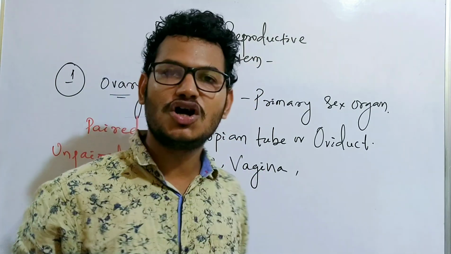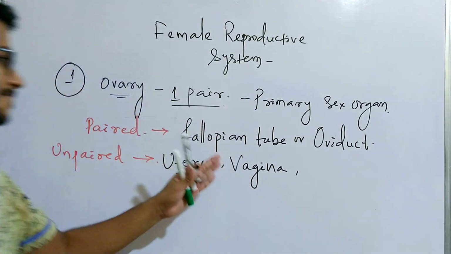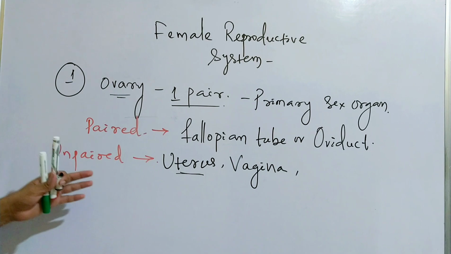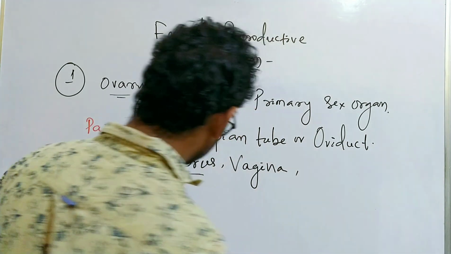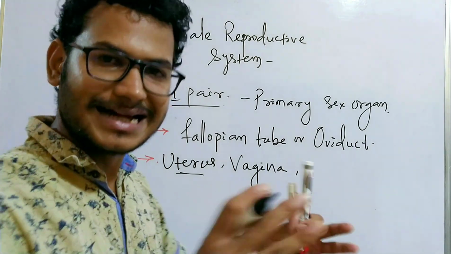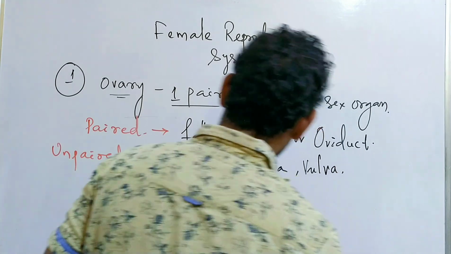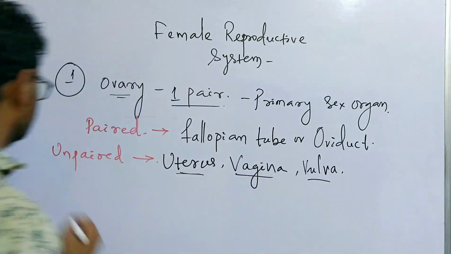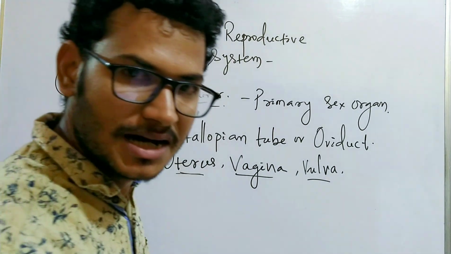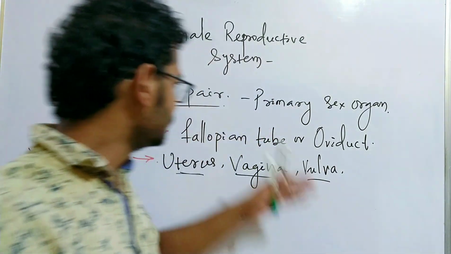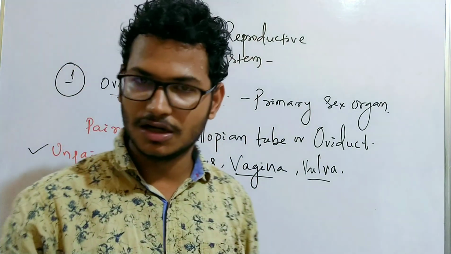It is also important because it works like the birth canal in the female. Then there are some external structures which are collectively called the vulva. So these are the different unpaired structures of the female reproductive system, and the paired structures are the ovary and the fallopian tube or oviduct.